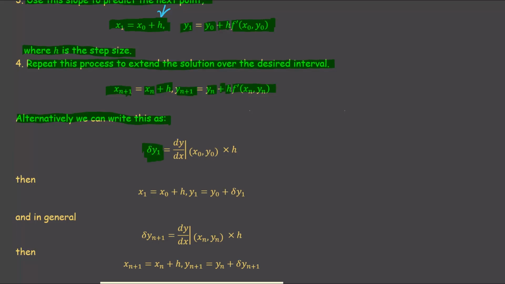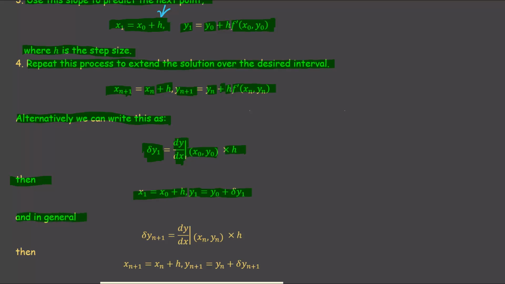Alternatively, we can write this as, and I find it a bit easier to understand this way, the change in y1 is equal to dy/dx evaluated at x0, y0 times the step length, and then we get that x1 is x0 plus h, and y1 is y0 plus delta y1, the change in y.